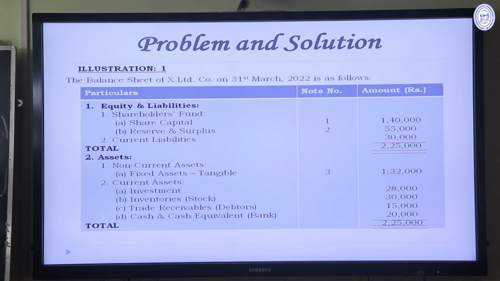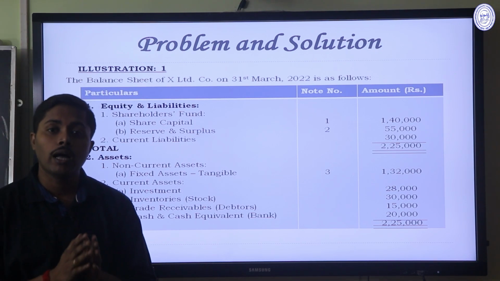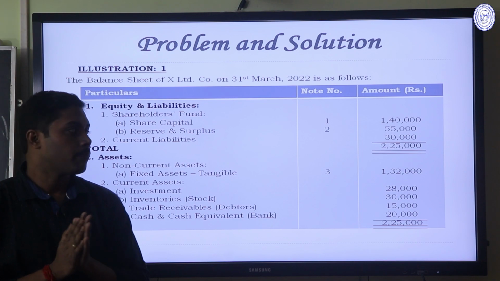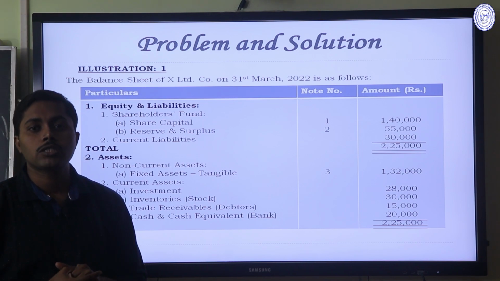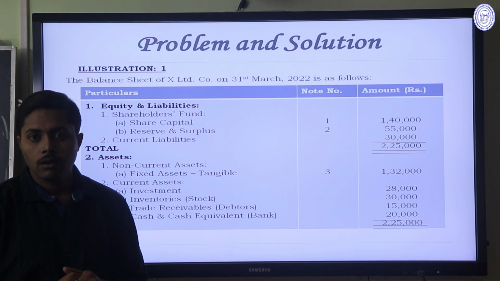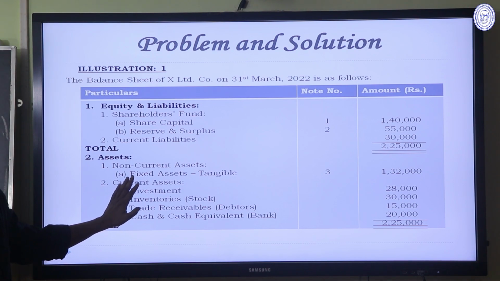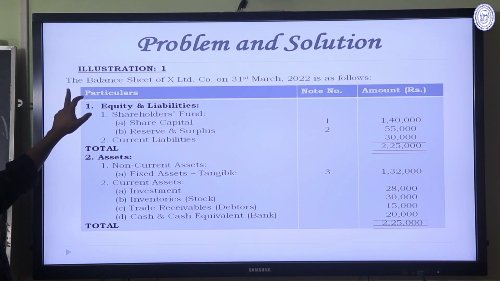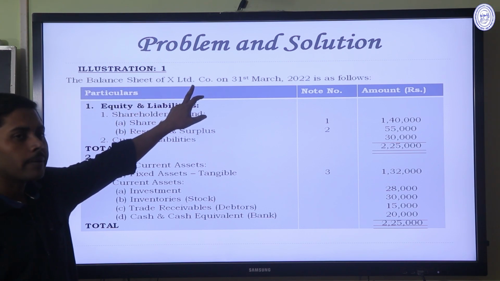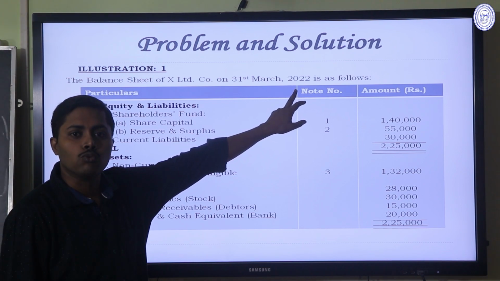Now, in the learning objective, I told you that we will learn one sum, that is how actually redemption of preference share will be made. For this purpose, I have prepared one sum for you, and you just see that it is a balance sheet of X Limited Company as on 31st March 2022.